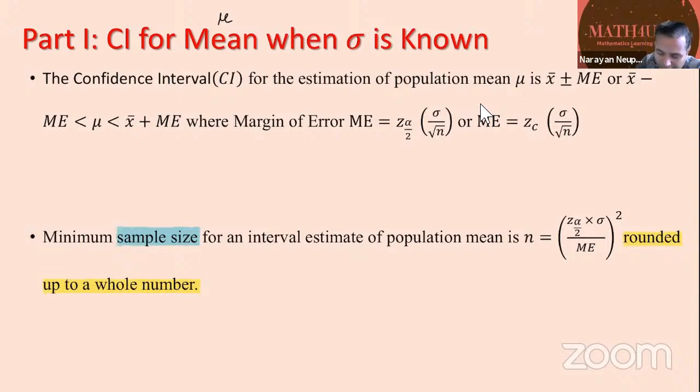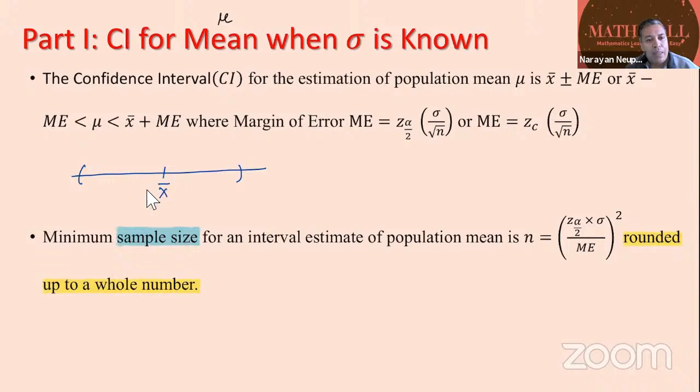We already know that if we want to construct the confidence interval, first we need to have the point estimate in the middle. Then we add some value to this to get the upper boundary of the interval, and we subtract the same value to get the lower boundary of the interval.